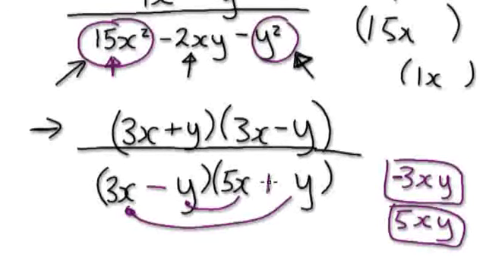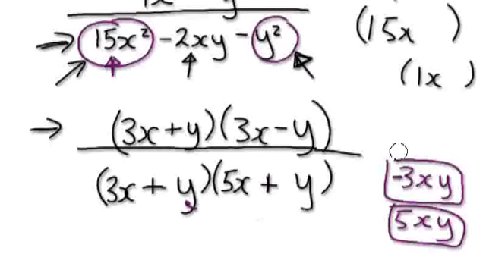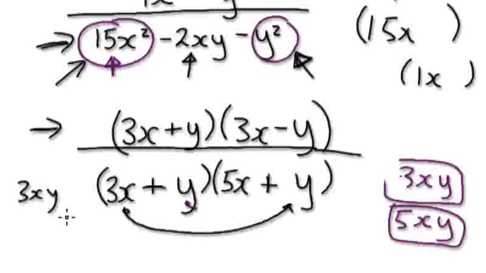It is quite hard to factorize when the coefficient of x squared is above 1, so you just got to play around with it. I've just changed the two signs around, so let's try and create the minus 2xy.